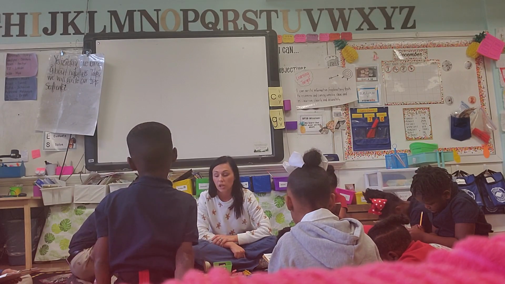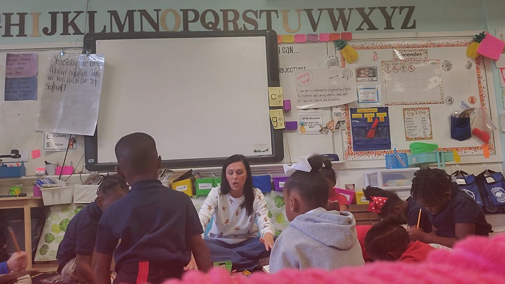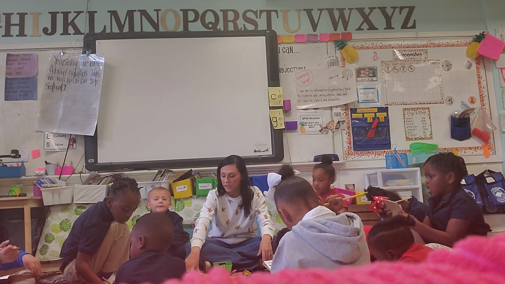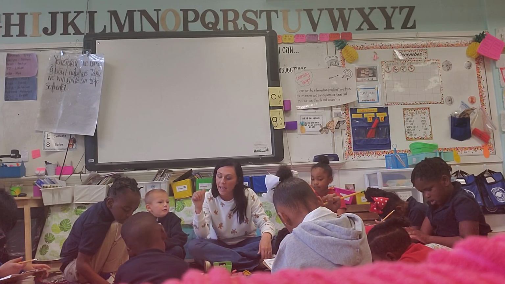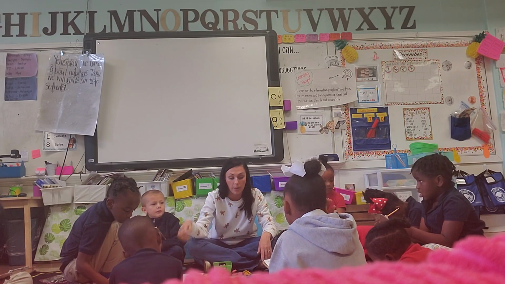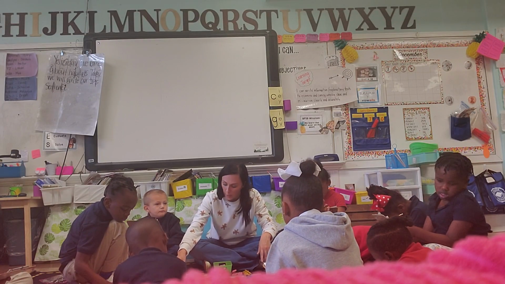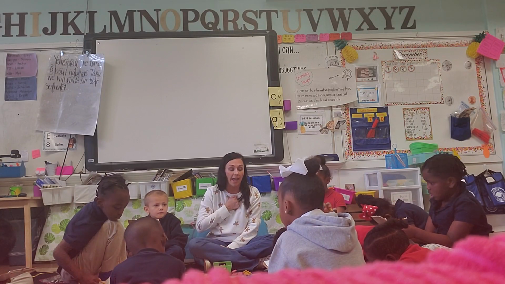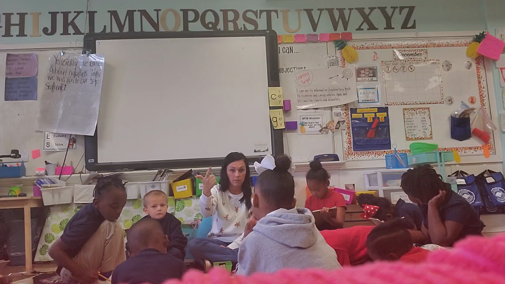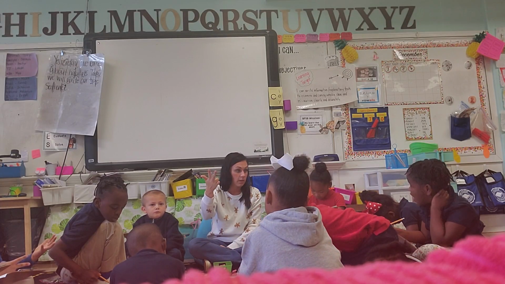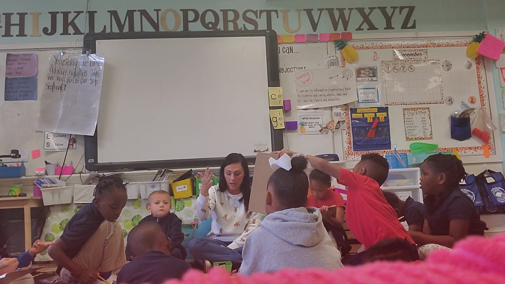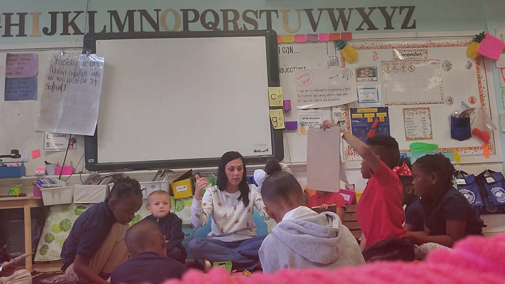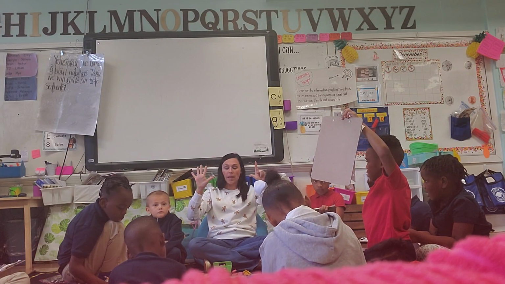Okay? So if you're counting on to solve your problem, you start with the small number and count till you get to the big number. If I was doing 15 minus 8, start with 8 and I count 8, 9, 10, 11, 12, 13, 14, 15, and I have how many?